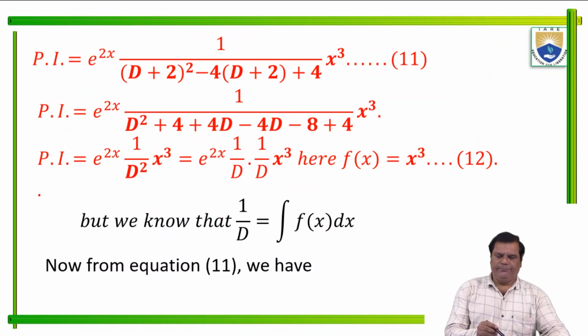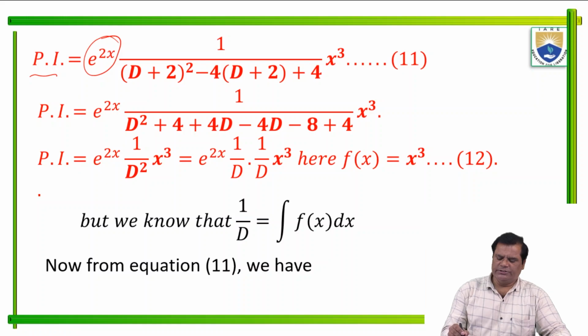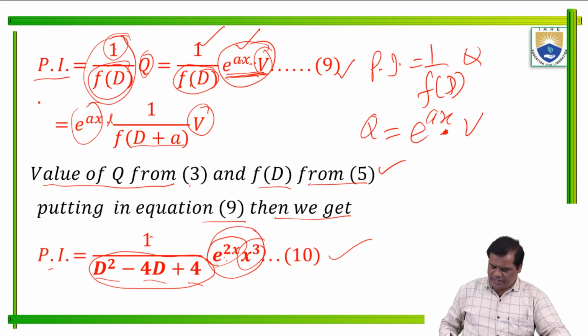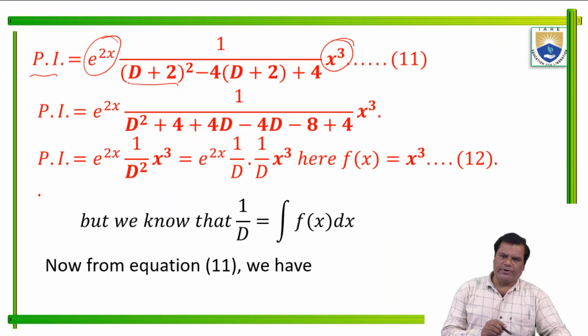So the particular integral equals this, with this taken to the left side and this to the right side. Now in place of f(D), this D square minus 4D plus 4, putting D equal to D plus 2. Then we write (D plus 2) whole square minus 4 into (D plus 2) plus 4.